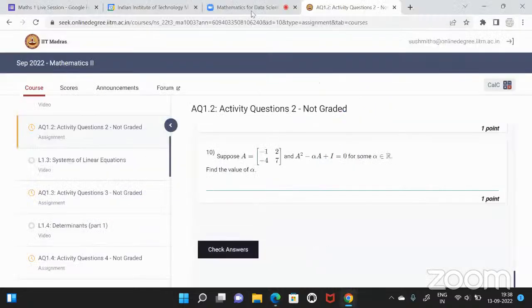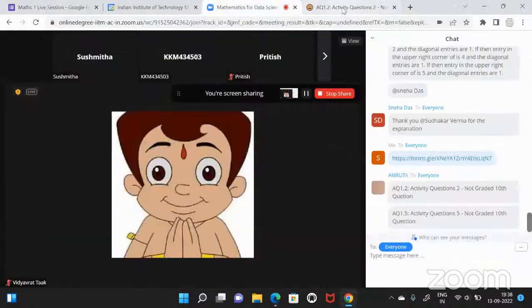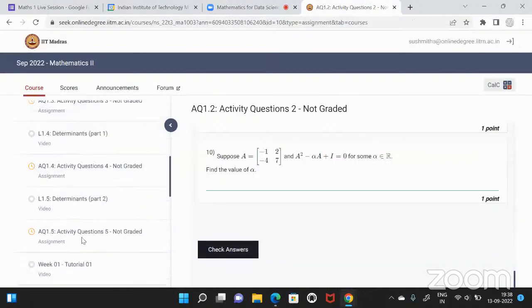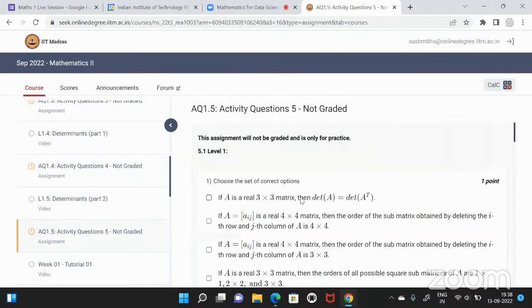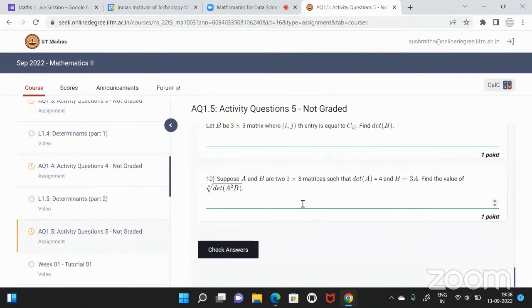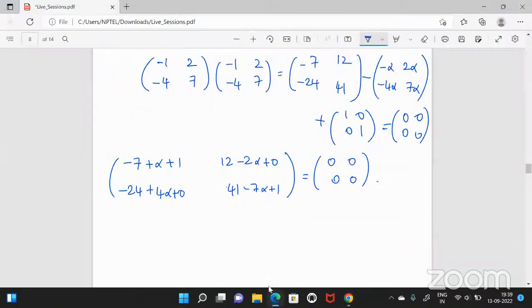Amrita, you had another doubt also, right? The last question, 10th question. Are we supposed to solve directly by putting the value of determinant? The answer here is 12, but somewhere I'm getting the answer in decimals. The value of determinant A is 4.